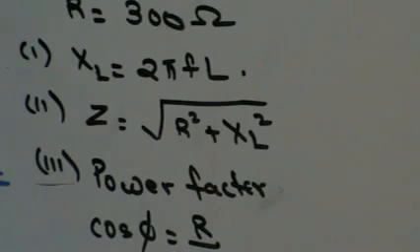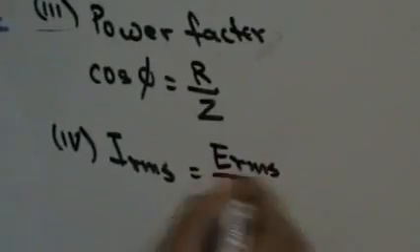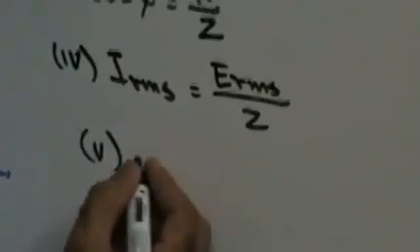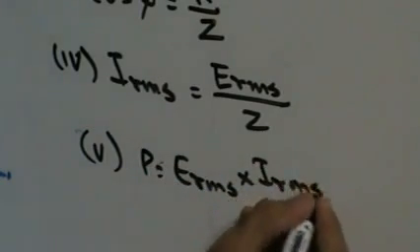Next, they've asked me to find out the current in the circuit, I. IRMS is nothing but ERMS upon Z. And last, they've asked you to find out the power absorbed in the circuit. The power absorbed in the circuit is nothing but ERMS into IRMS into cos phi.